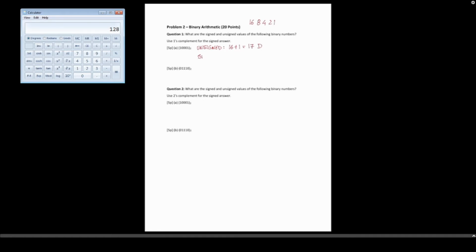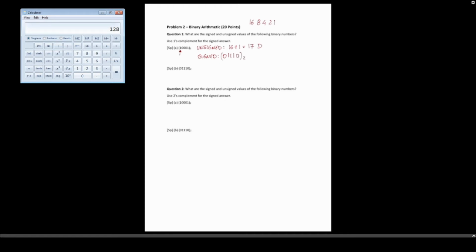But if it's a signed number, that means that my most significant bit, this 1 over here, is going to tell me if it's a positive or a negative number. In this case, it's a 1, so it's a negative number. So I'm going to apply the first complement of this number so I can reverse it. First complement is just flip the bits, so I get 0, 1, 1, 1, 0.